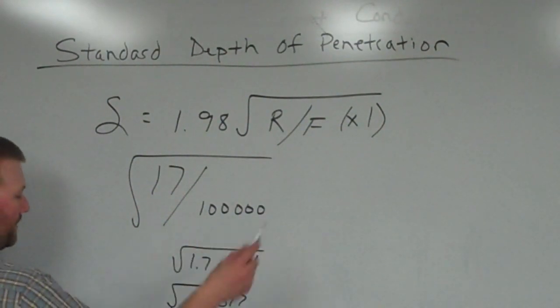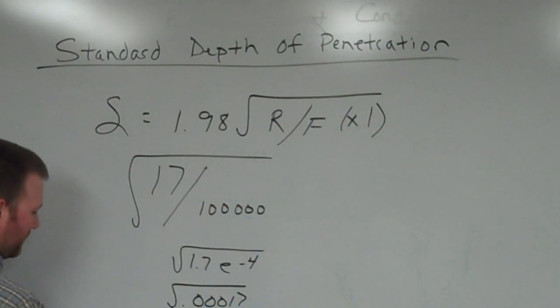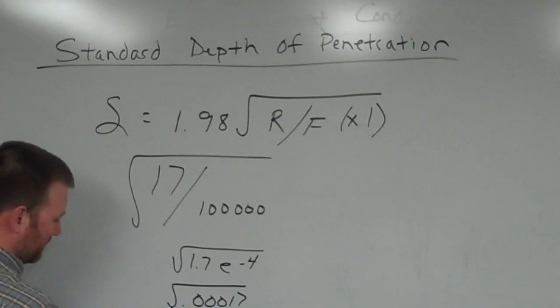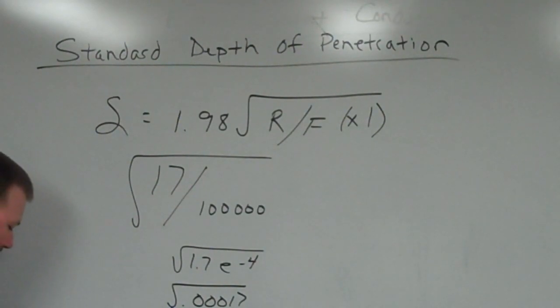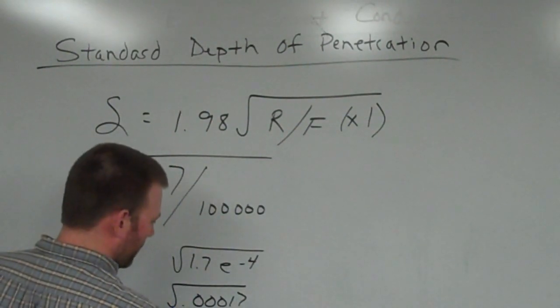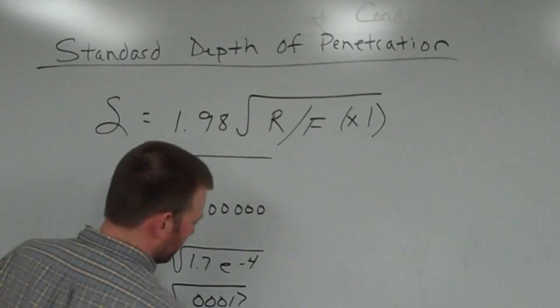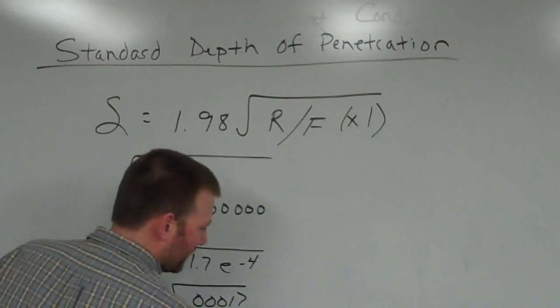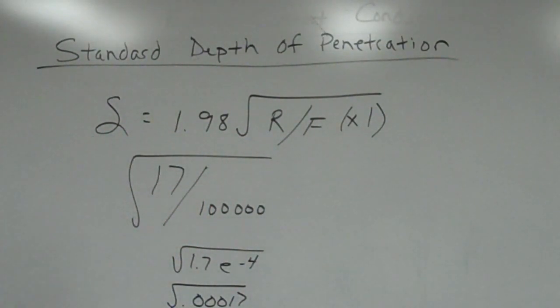Now 1.98 times 0.013 gets us to pretty much 0.026, closely related to 2.0. Basically, we're at 26 thousandths of an inch.